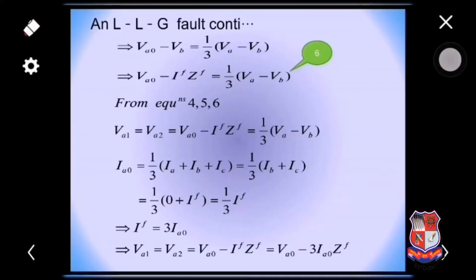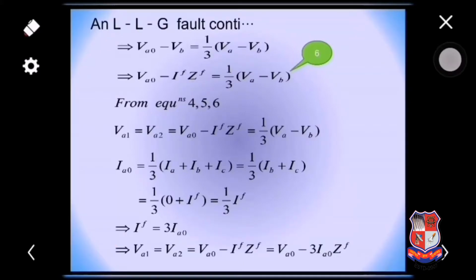Now as IA is 0 in the boundary condition, IA0 is equal to 1 upon 3 (IB plus IC). One more thing, IB and IC both are forming IF. IB plus IC is IF itself. So my second boundary condition gives you IB plus IC equal to IF, and that's why IA0 is equal to 1 upon 3 IF. And that's why I can say the fault current is 3 times the zero sequence current.